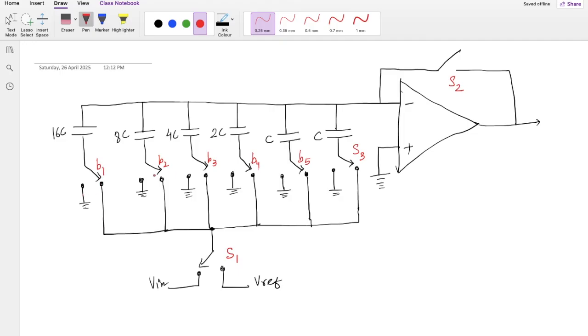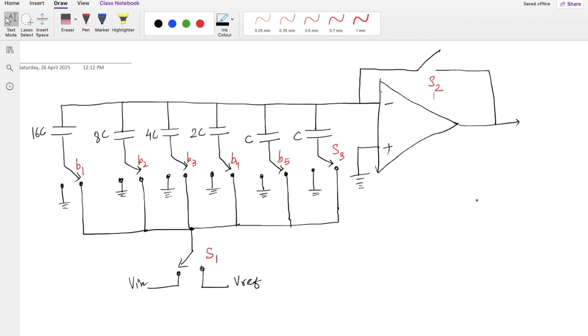Similarly for B2, B3, B4, B5. And eventually there will be a digital logic, the SAR logic or the SAR algorithm, that will be controlling all these switches.